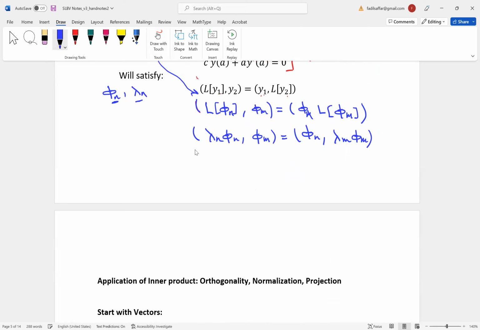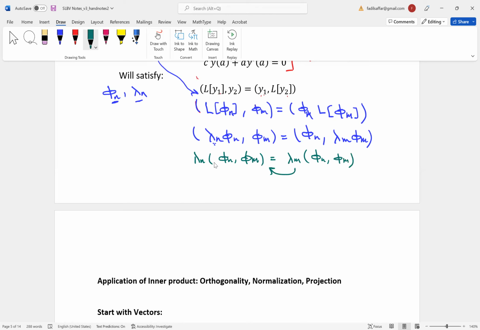We can do the same thing with the vectors, I mean with the functions. So here we have an inner product of a scalar, which is lambda, multiplied by this function, and we have it in the inner product. So we can factor that out. That would be lambda n times the inner product of phi n and phi m, and that's equal to lambda m times the inner product of phi n and phi m.